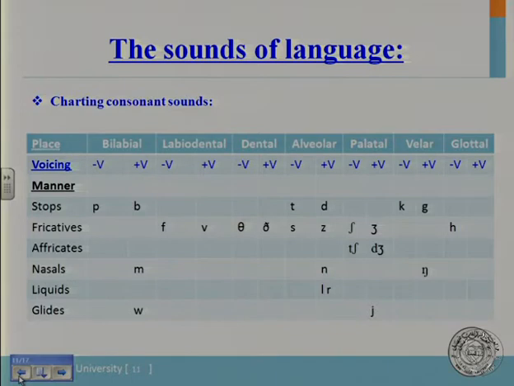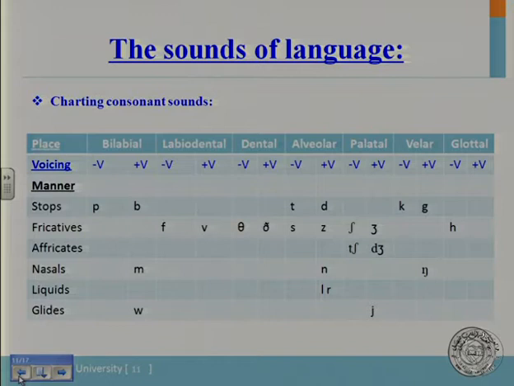But the voiced th, as in the, is a dental, fricative, voiced sound. This is the full description of the place and manner of articulation of these two sounds.